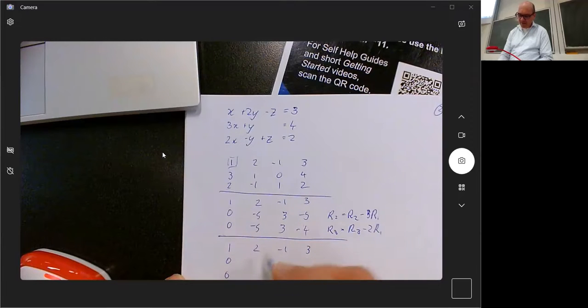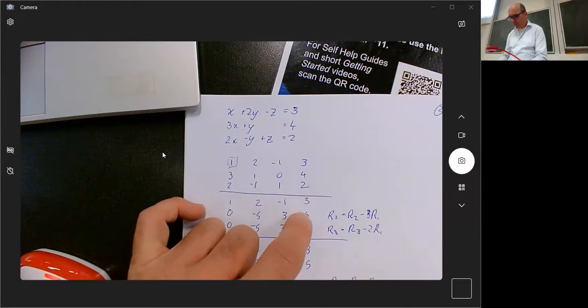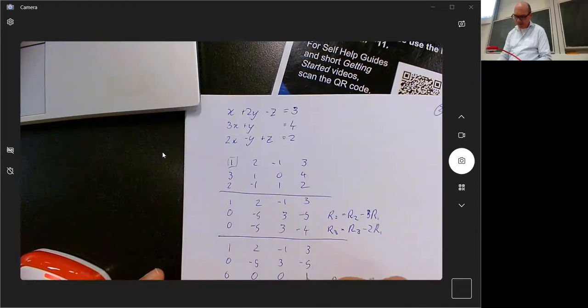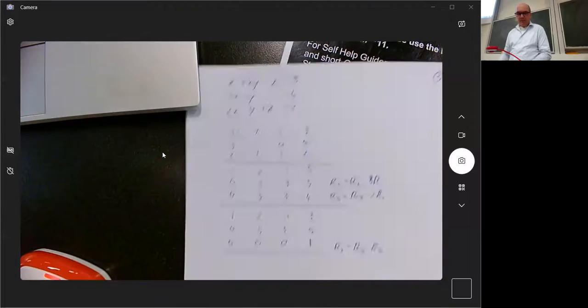You can actually change the order in these things if you want. And I'm just going to go row 3 is equal to row 3 take row 2. That means that's going to be 0 and that's going to be 0. And then I've got minus 4, minus 3, minus 5. It's going to get me a 1.